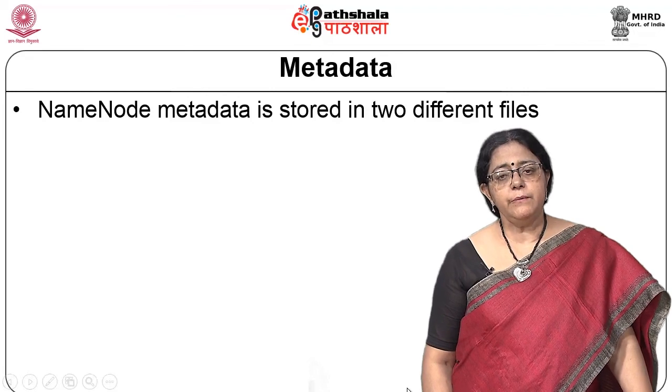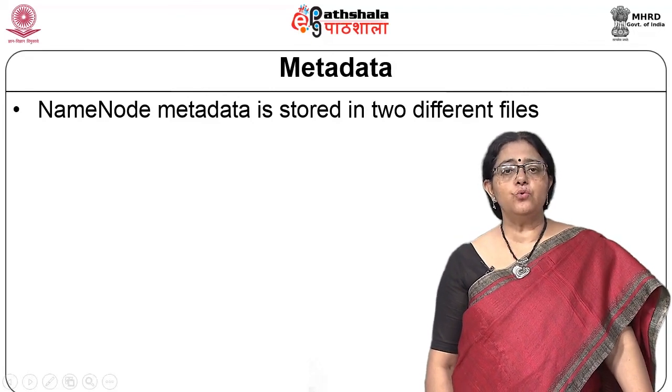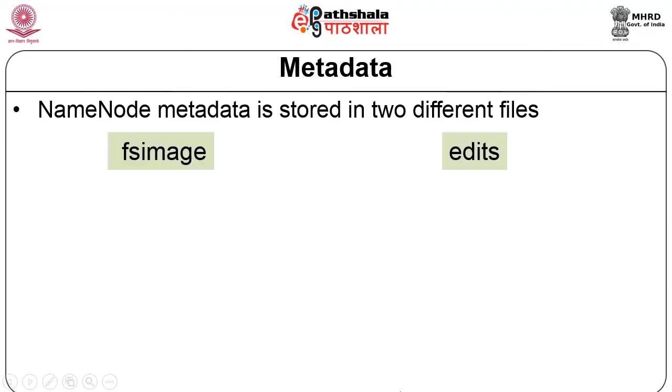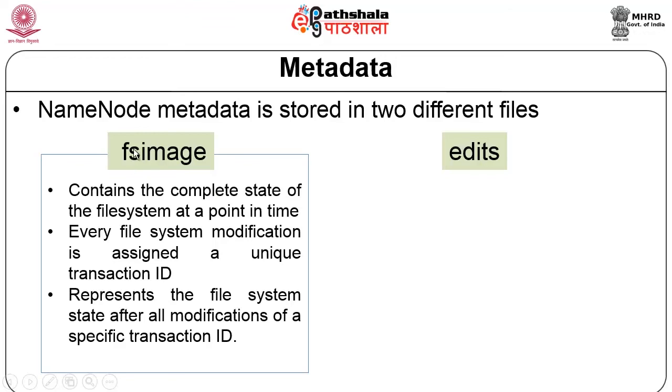So, name node metadata is stored in two types of files. One is called the FS image and the other is called the edits. FS image is the overall state of the whole name node at any point in time. It is essentially, as the name suggests, a snapshot of the whole system.